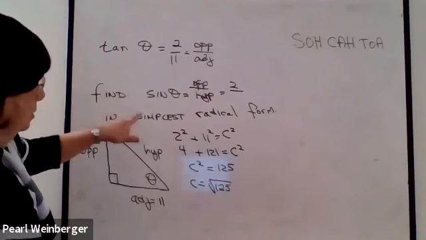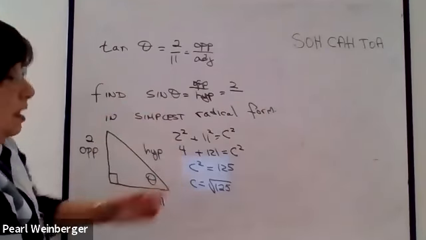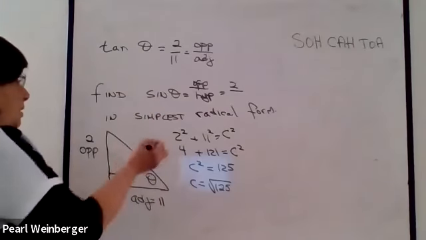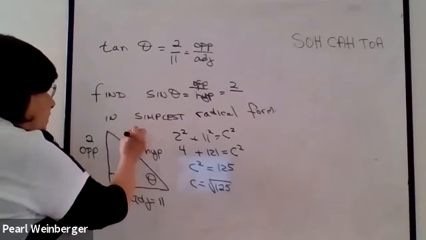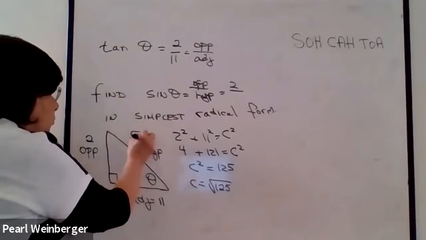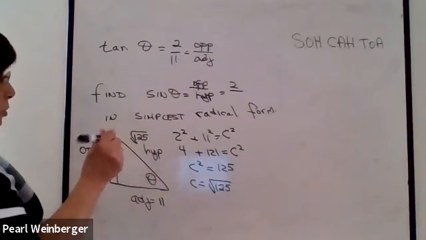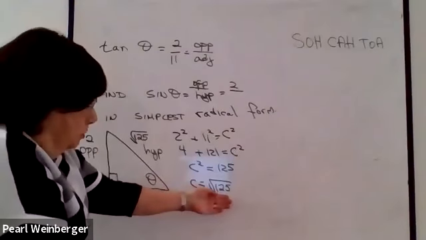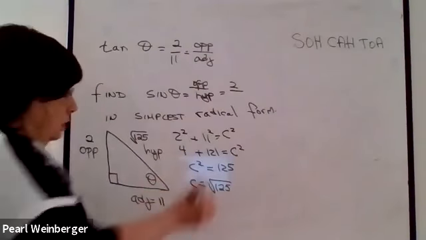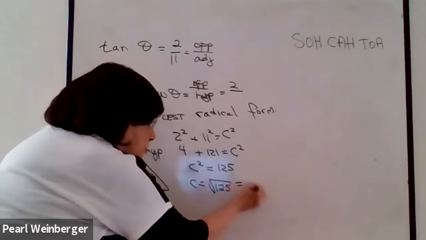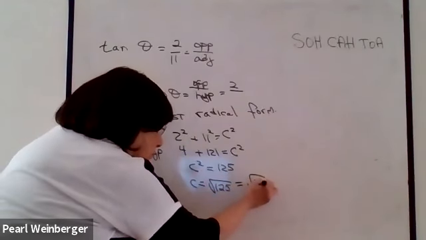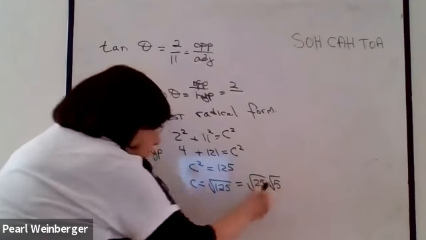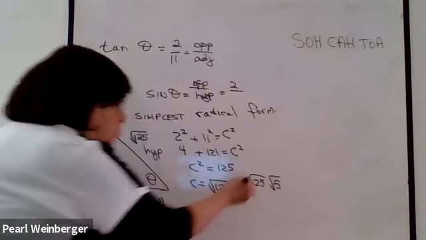Now I look at the instructions. It didn't tell me to leave it in decimal form. It said to find it in simplest radical form, so I have to leave this with a square root. Of course, I can simplify this. The square root of 125 is the square root of 25 times the square root of 5, because 5 times 25 is 125.